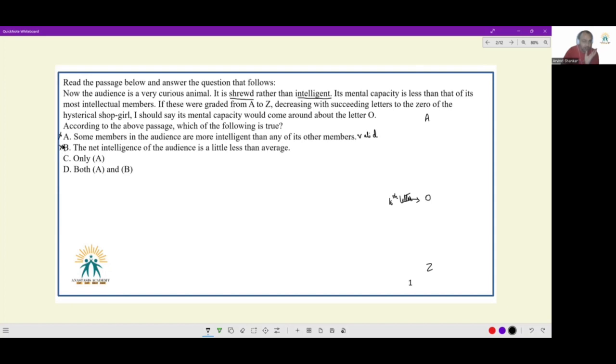Logically, see, A and C are not the answer. While this is valid, A cannot be the answer, C cannot be the answer, because C says only. And now understand, if A is valid, A has to be a part of our answer. So we cannot really mark only B as the answer.